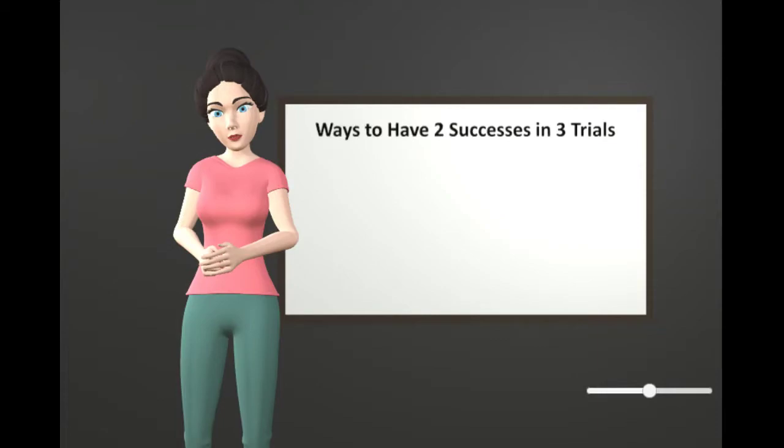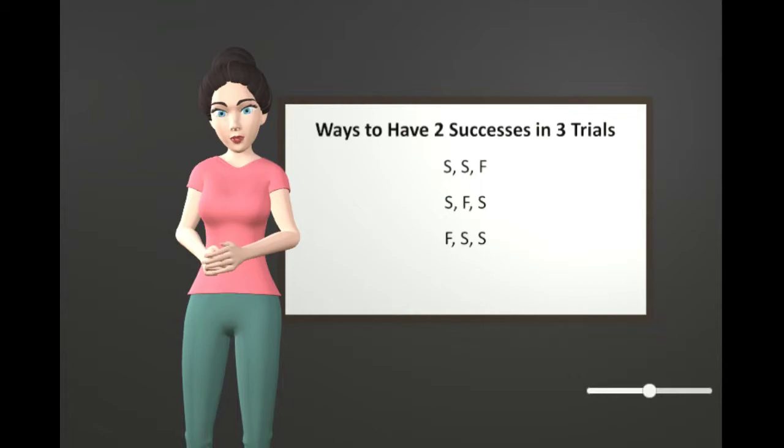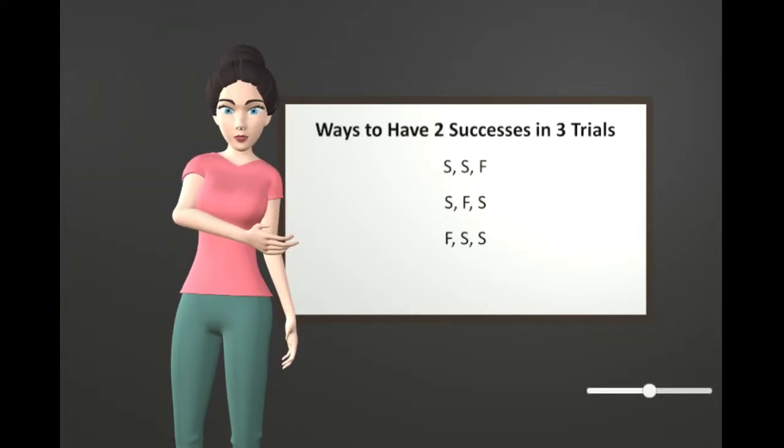The next step is to figure out how many different sequences, that is, patterns of successes and failures, have that same number of successes out of n trials. For example, there are 3 different ways we can have 2 successes from 3 trials: success, success, failure; success, failure, success; failure, success, success.